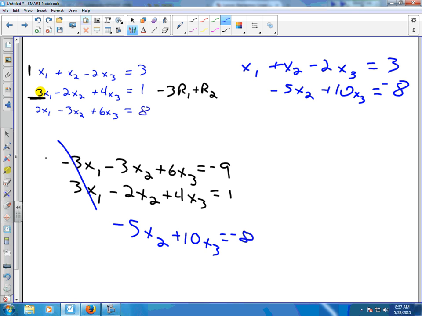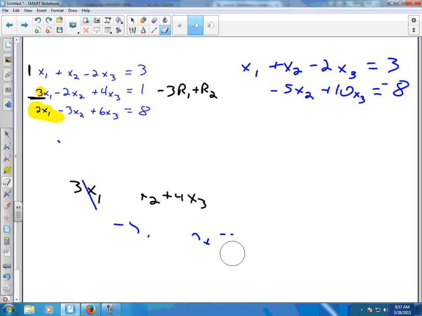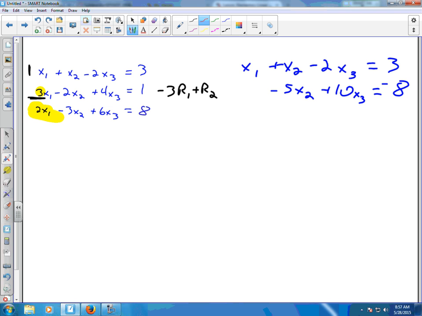All right. Now if we want to get rid of this 2x1, what do we want to do? Yeah, we would want to do that top row times negative 2. We do negative 2 times the top row plus that third row.